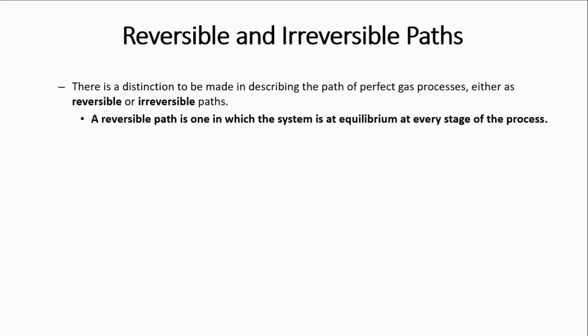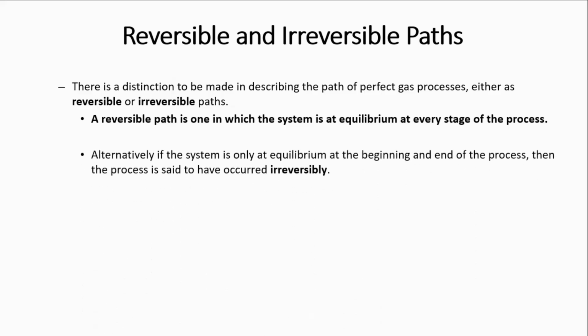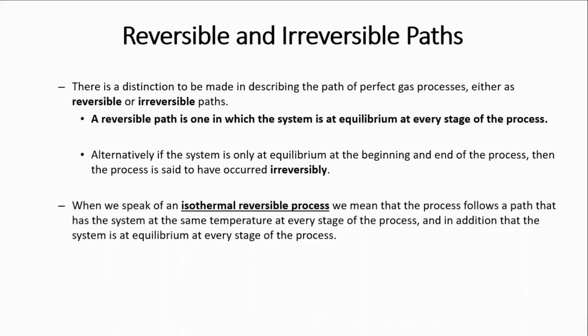It is at equilibrium at every stage of the process. Now, of course, you have irreversible systems, and irreversible systems are described as systems which are at equilibrium only at the beginning or at the initial and final stages of the process, and not in between. Right? So they are not at equilibrium at all stages of the process, just at the beginning and at the end. Now that is very important, and you'll see more about that later on.